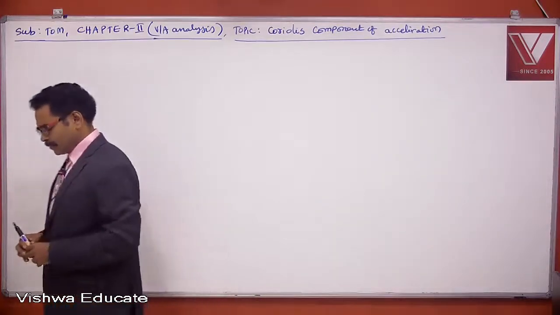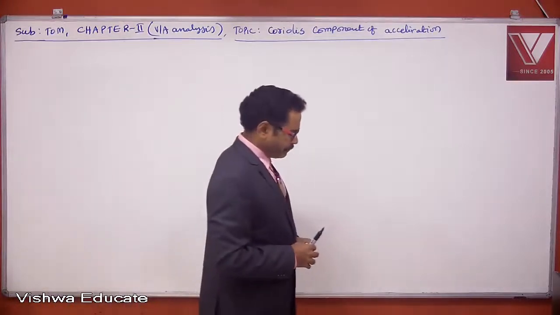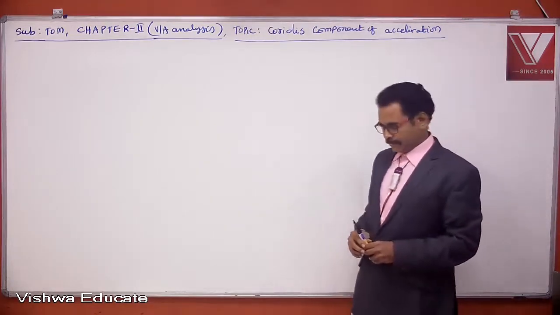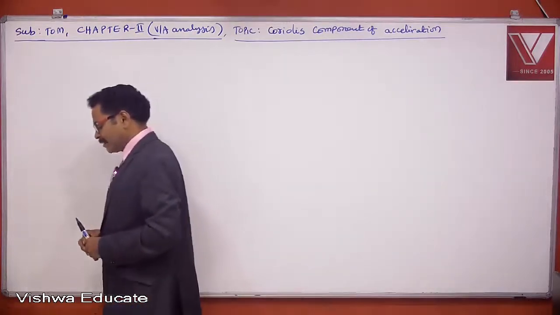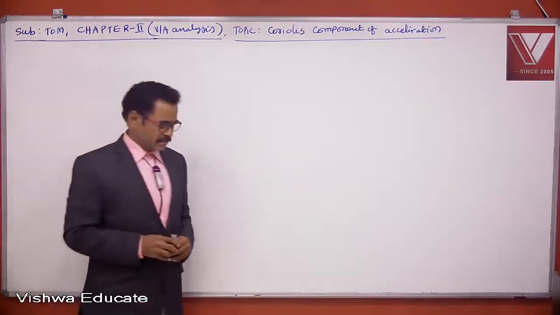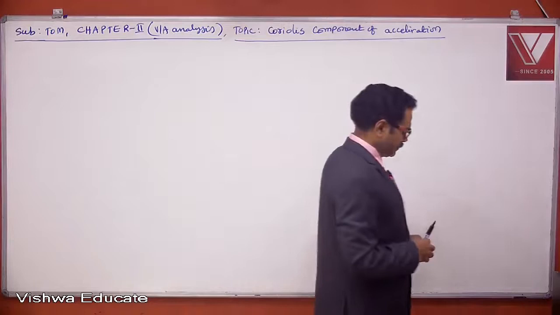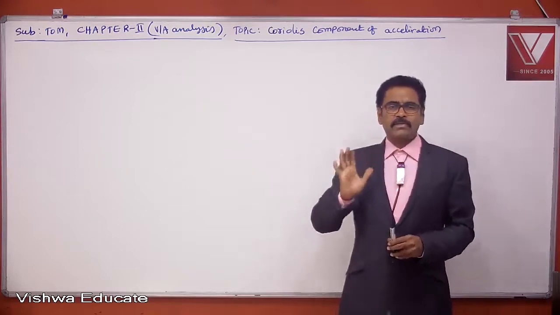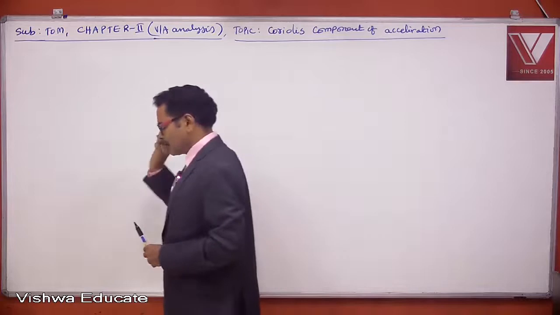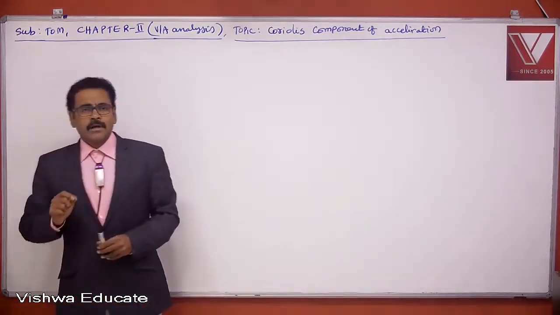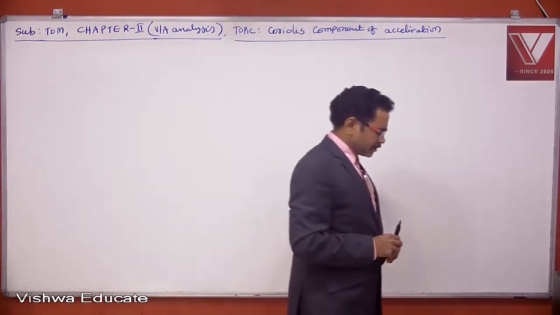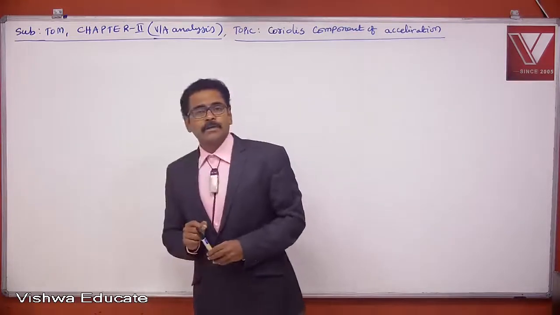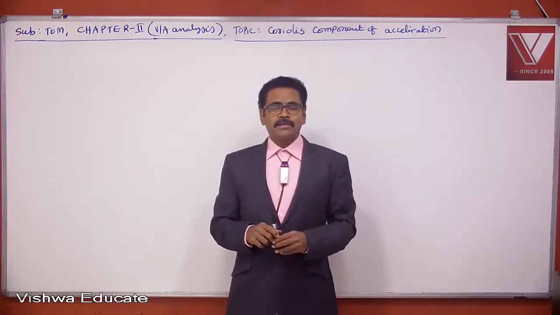When a point carries both rotary motion and radial motion simultaneously, that point would experience an additional tangential acceleration, an additional component of tangential acceleration, which is called Coriolis component of acceleration.